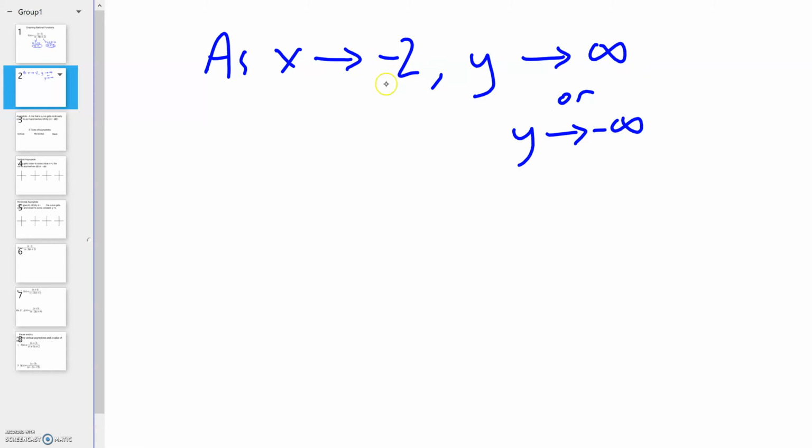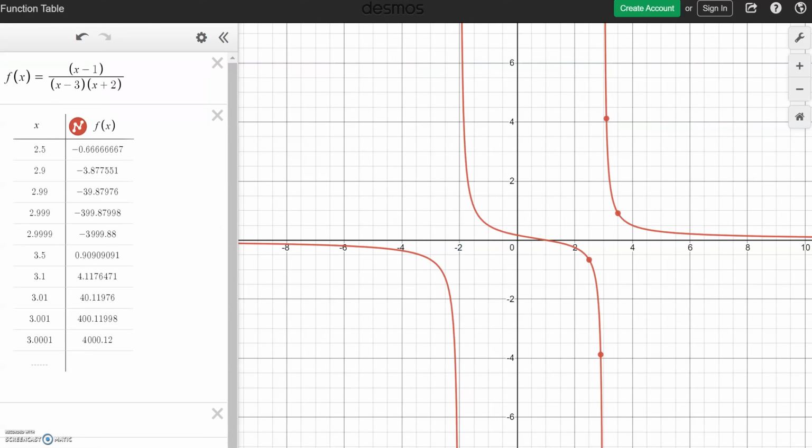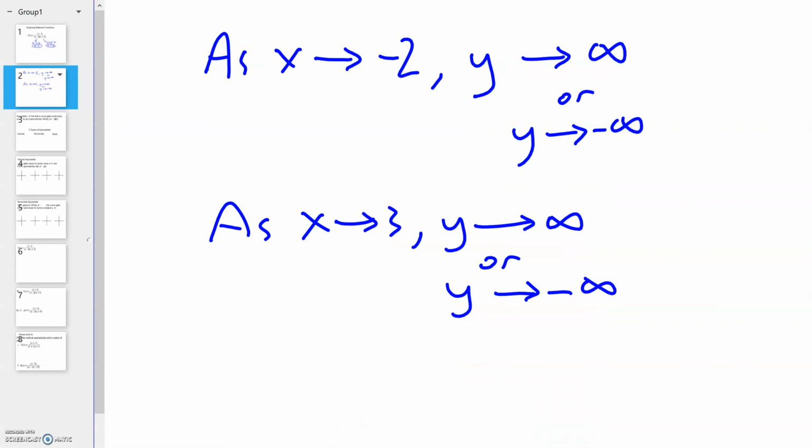In other words, as I get closer to that x value, the y's are getting really, really infinitely steep. And then the same thing is happening as x gets closer to 3. The y is either getting closer to infinity or -infinity because it's getting really, really steep like we're seeing here. So we have a special name for this, and it's called an asymptote.